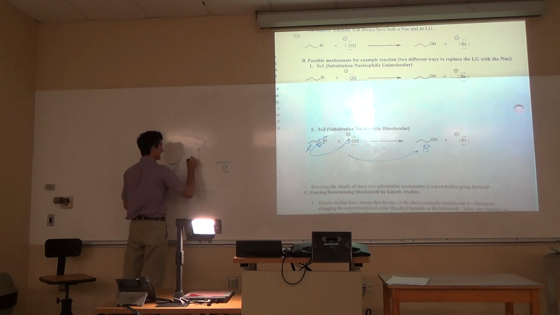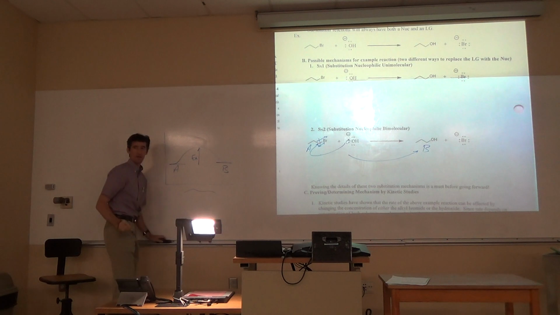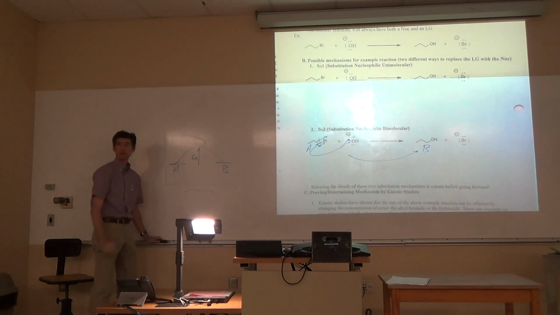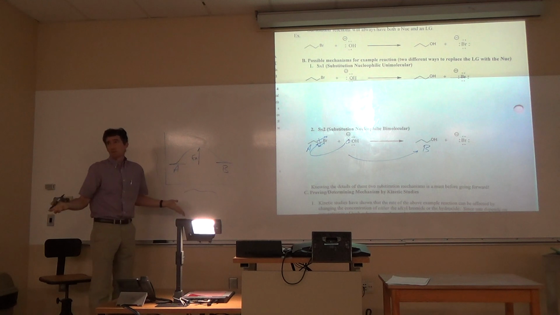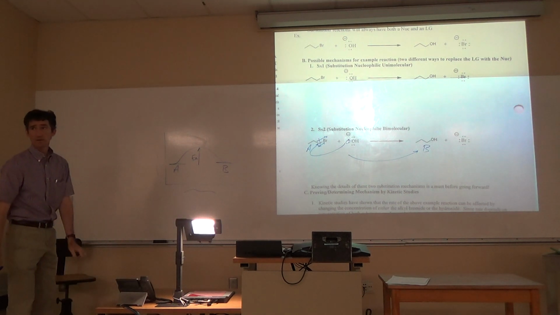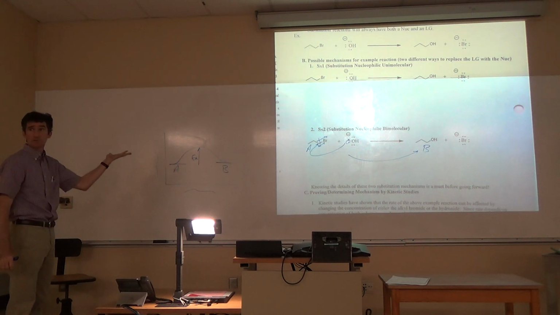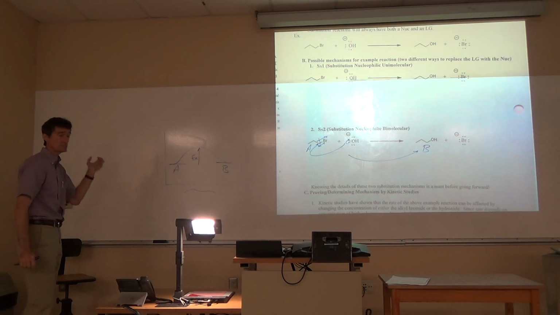We just have an activation energy. Now, I don't know how high. I could have drawn this higher, just like before. This could vary. You said low. It may not be low, but it can be done. What I'm showing here is there's no intermediate. There's just a transition state.